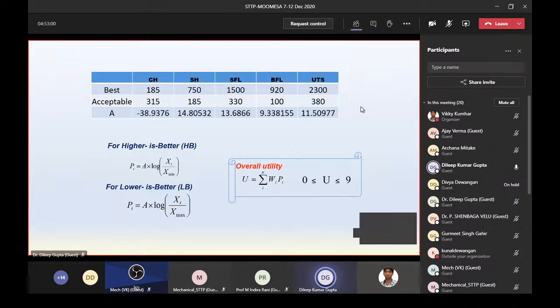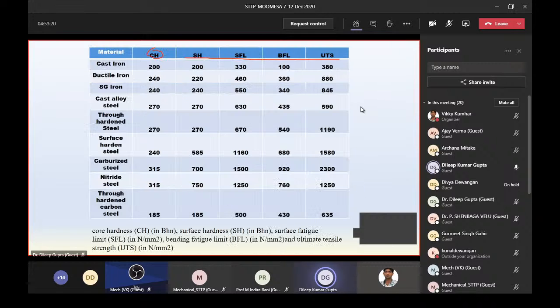The first thing we will try to find out is the best value and the worst, or acceptable, value. For core hardness, minimum is the better criterion, which is why the minimum value will be considered as the best value. You can see 185 here, which will be used as the minimum value.